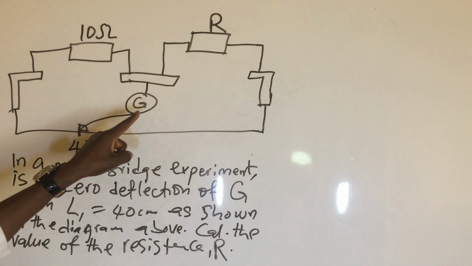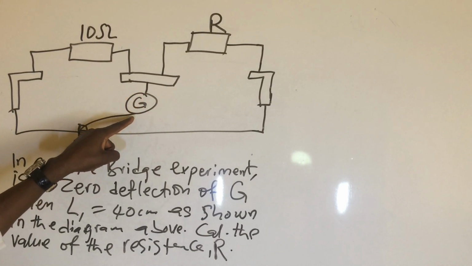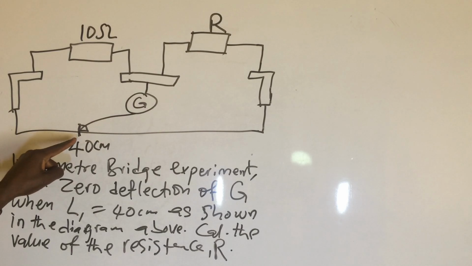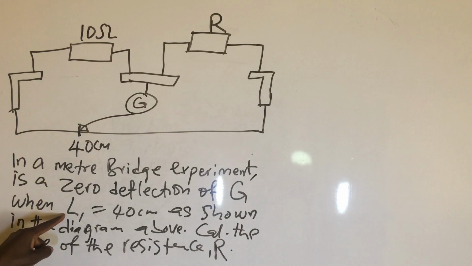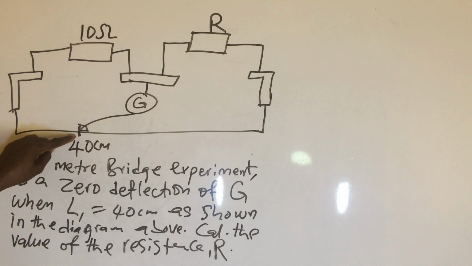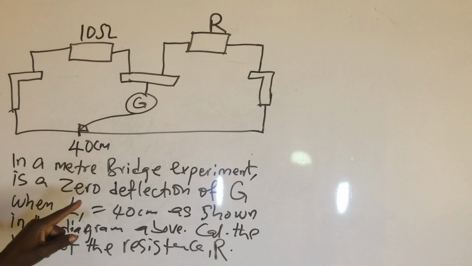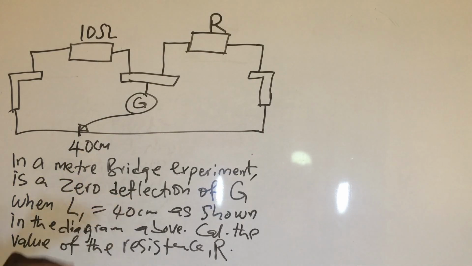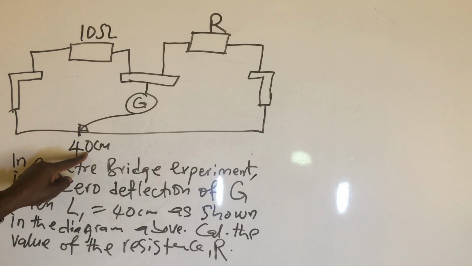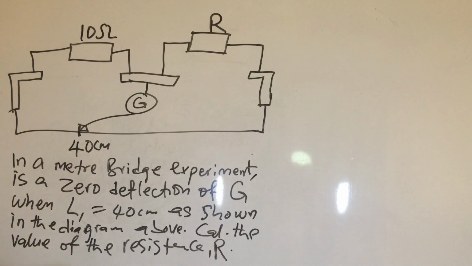We connect the galvanometer and the wire that we use to take the initial length, which is length 1. We continue touching the wire, and when the galvanometer reads zero deflection, that is when we have the 40 cm, and it is our length 1.